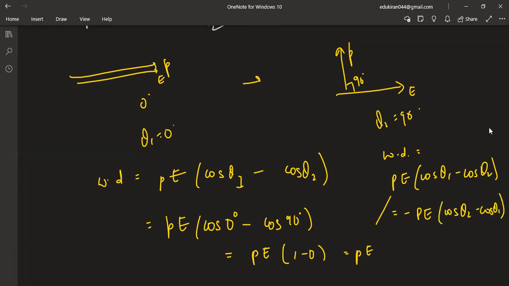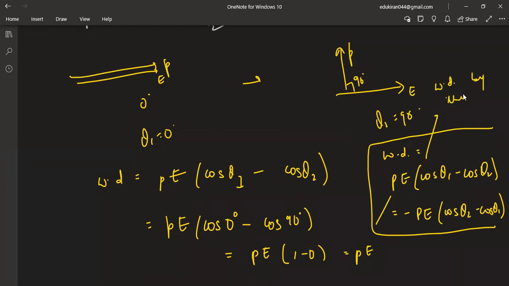Any of these you can use to calculate the work done for a dipole moment. This is the formula for work done by the dipole moment, because the dipole has the tendency to align itself with the direction of the electric field. So the dipole here is making an angle of 90 degrees. Again, it will try to align itself back to the electric field. So that is the work done generated during that time. If you want to see the derivation, I'll tell you, but the derivation is of no use to you right now.